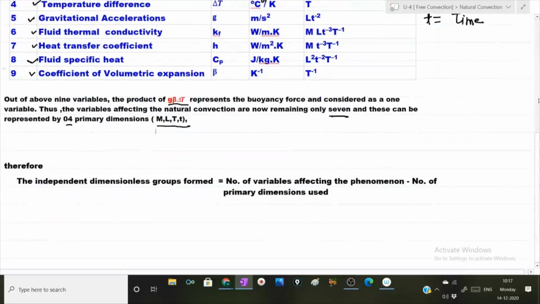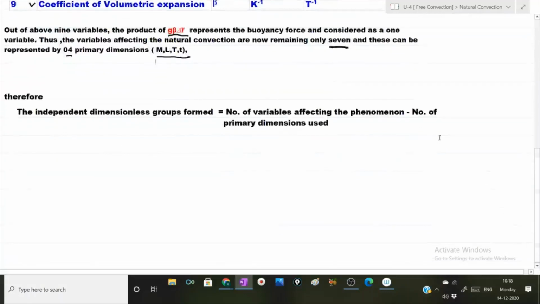Now in order to do the dimensional analysis of all these parameters affecting free convection, I am going to use the Buckingham Pi theorem.